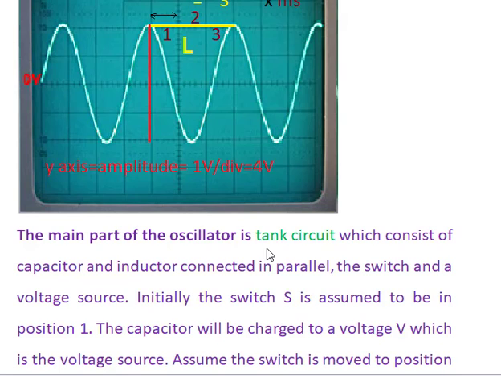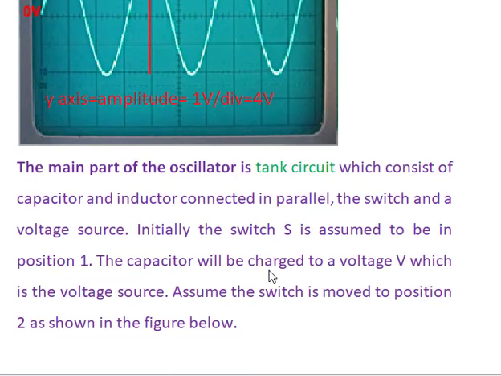If the tank circuit consists of a resistor and capacitor, then this type of oscillator is known as an RC oscillator. Examples are the Wien bridge oscillator, the phase shift oscillator, etc.